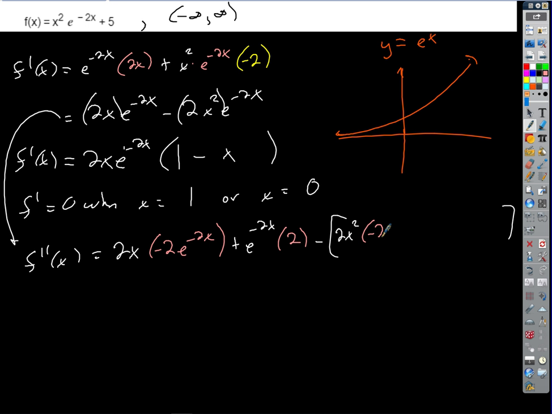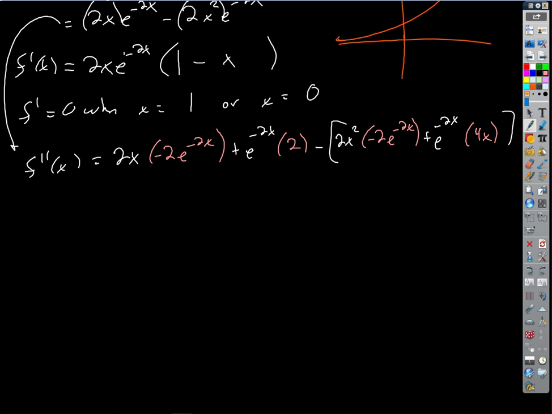Well, there's my negative 2 e to the negative 2x plus e to the negative 2x times the derivative of 2x squared, which is 4x. Okay, it looks like a lot of stuff, but really, that's going to work out fine. We're going to be able to factor out an e to the negative 2x from everything, right? And a lot of this is going to add up anyway.